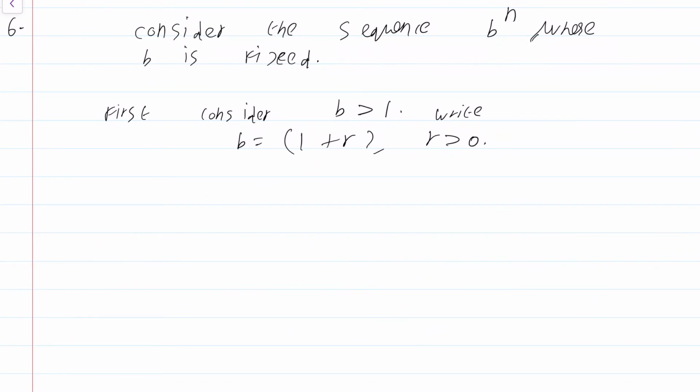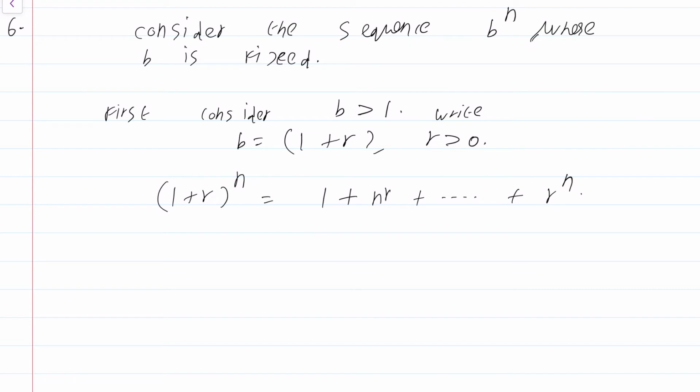Now I want to compute 1 plus r power n. That's the nth term of this sequence. How do you compute this? Well, we know the familiar binomial formula. If you're not familiar with this, just check your high school textbooks again. You would have proved it using induction or by a combinatorial argument. Now what is this? This is nothing but 1 plus nr plus some other terms plus r power n.